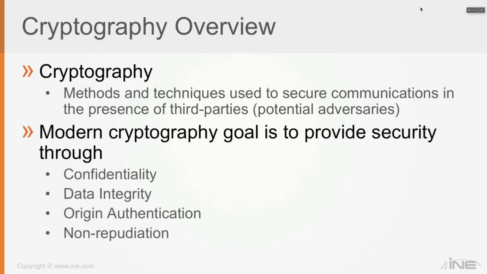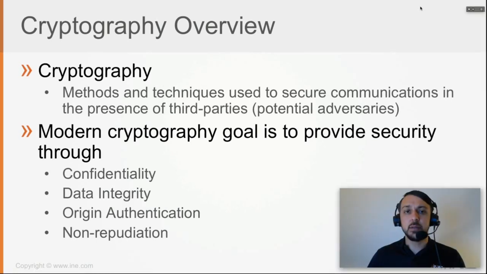In modern cryptography, the goal is to provide that kind of security through confidentiality, which, as you're going to see, mainly means encryption and decryption, through data integrity, which means making sure that traffic is not being modified, either in transit or at rest, without authorization. You wouldn't want somebody in the transit network to modify the data transparently without you being aware of it.